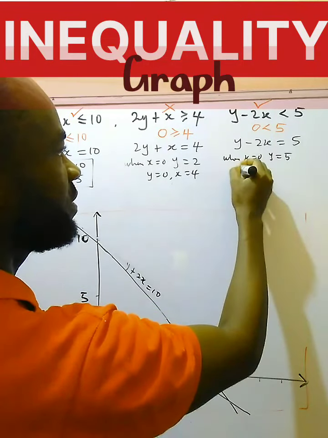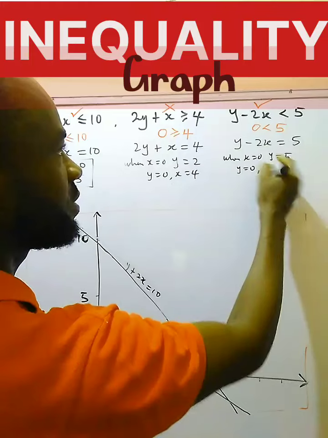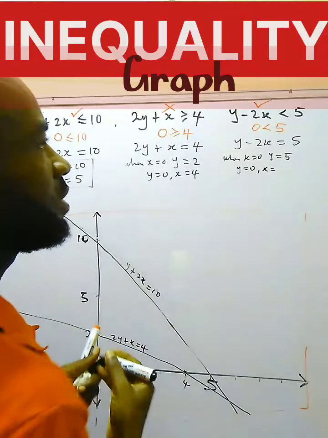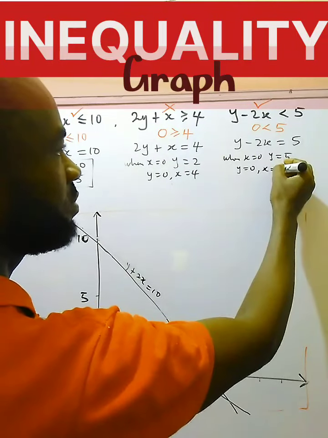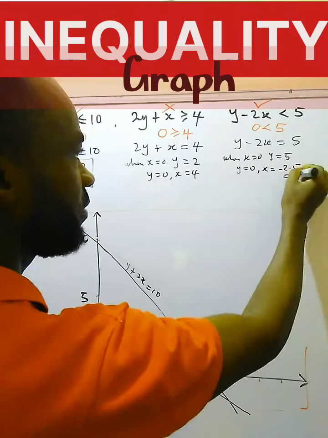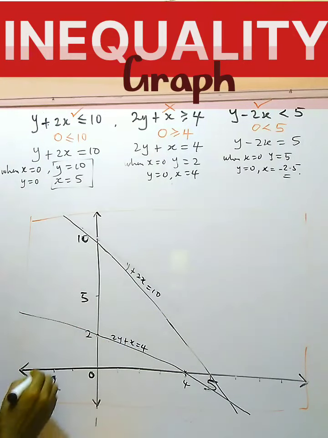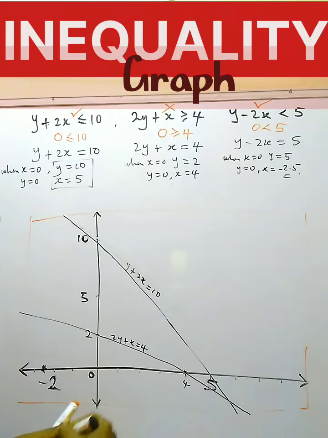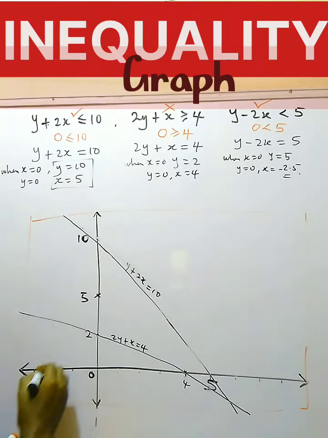And when y becomes 0, x becomes minus 2.5. So I'm having x as minus 2.5 and y as 5.